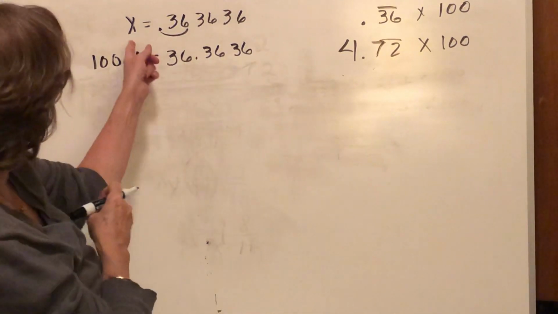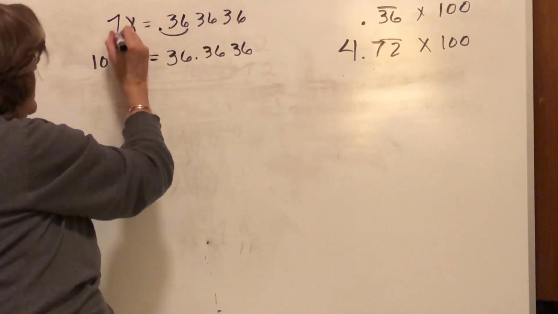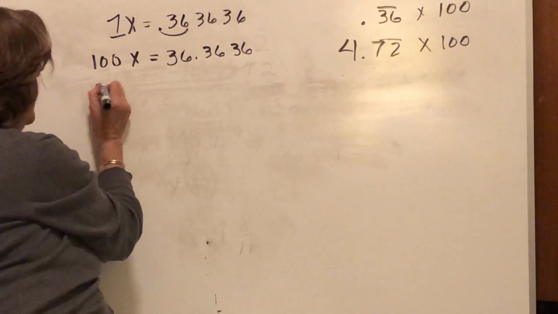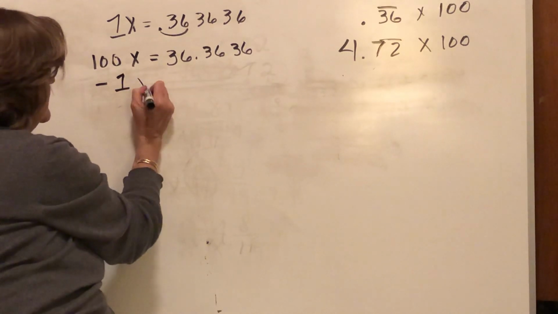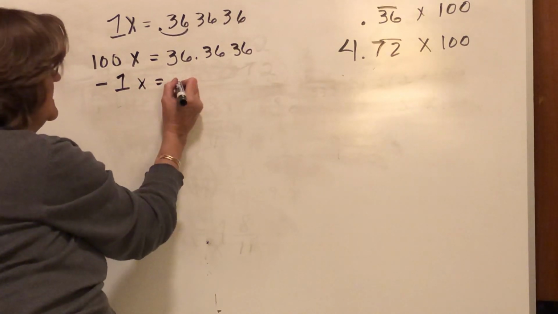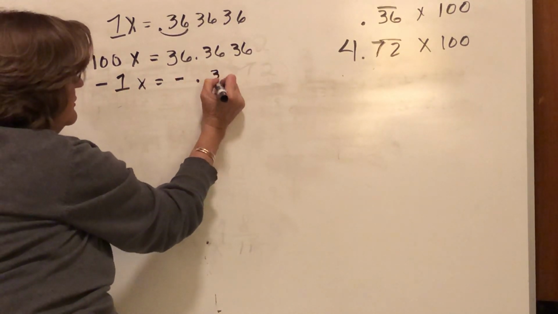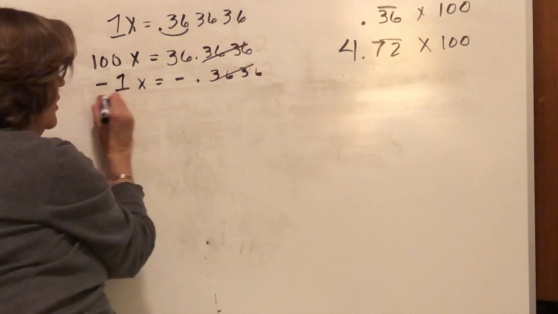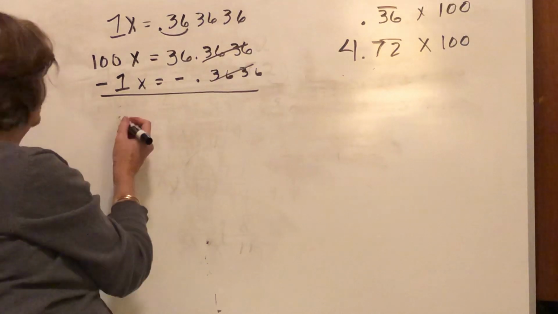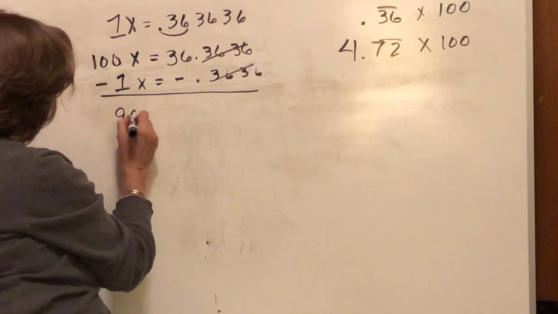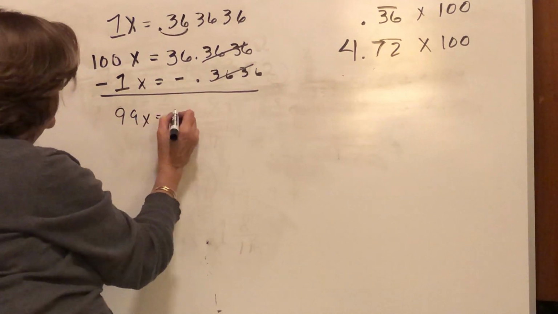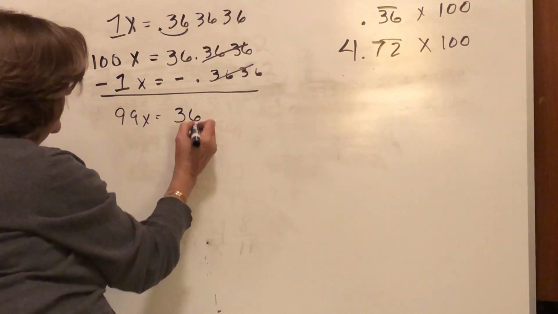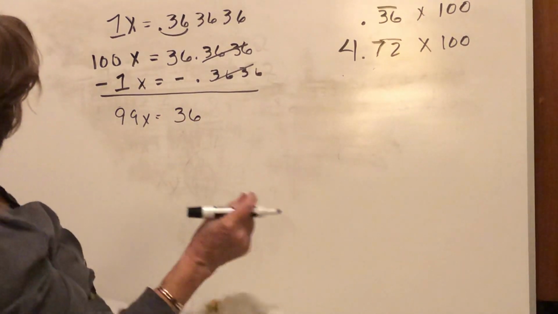All right, so I notice I have an original statement right here. There's my decimal. I'm going to subtract my original statement, and here I'm going to subtract my decimal, 0.3636, and there it is, it's gone. So on this side what I have is 99x is equal to 36.